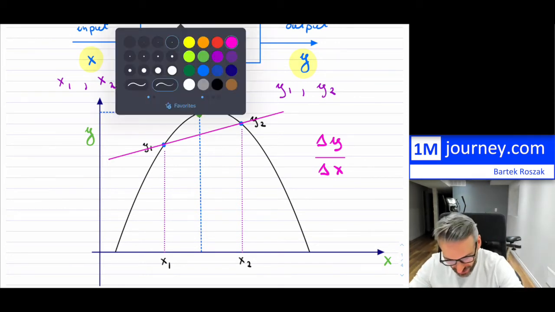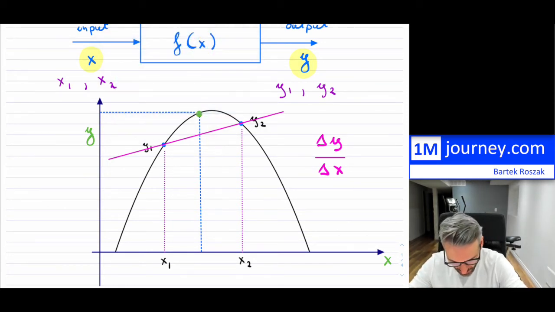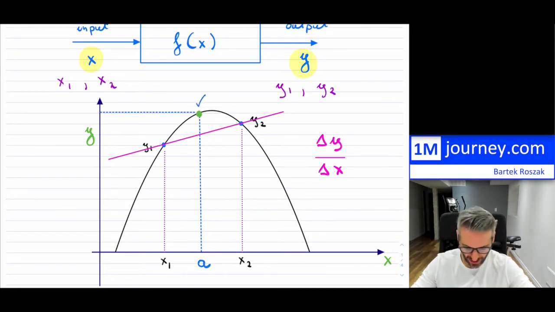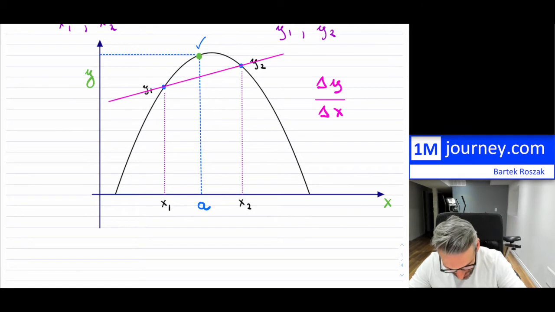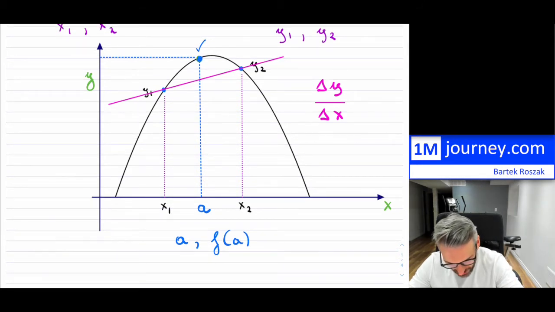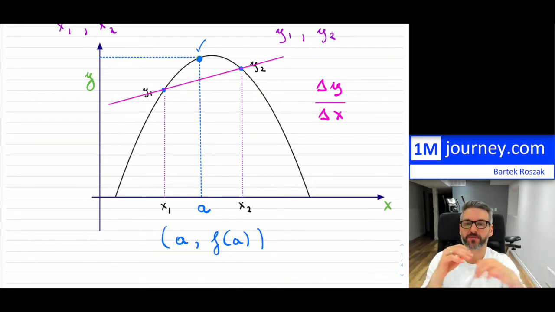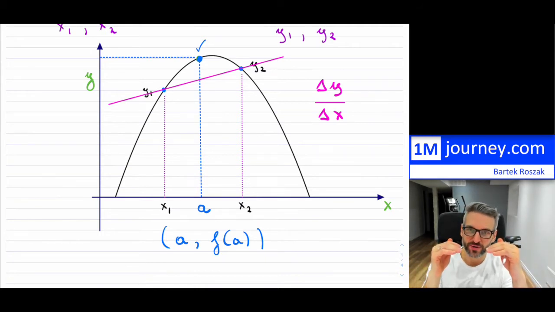So here we have this point right here. I'm going to call that A. Instead of calling it x1, x2 or something, I'll just call this A. What we are interested in is around that point, and if we substitute into our function, we would get this point right here. So what is the rate of change if we take this particular secant and bring it closer and closer to that point?